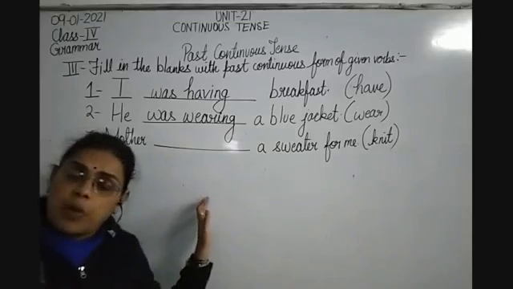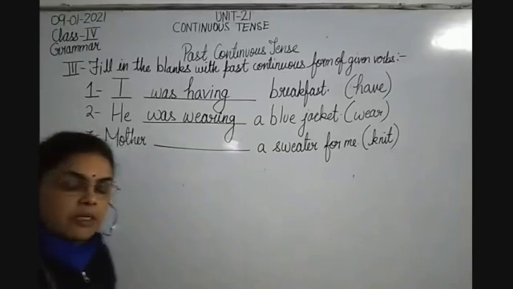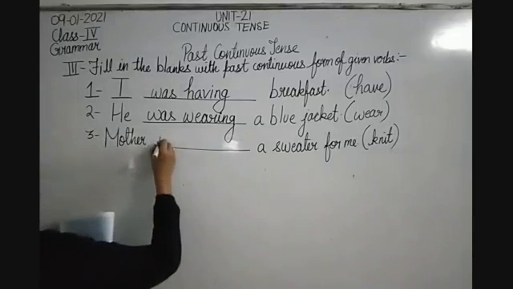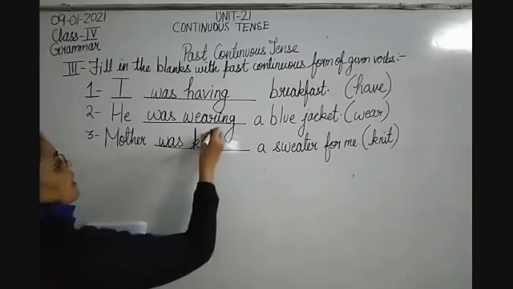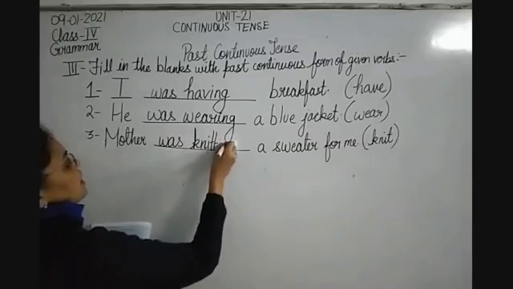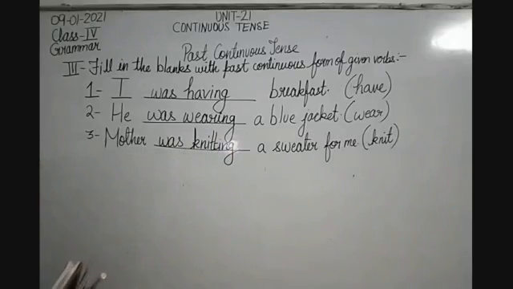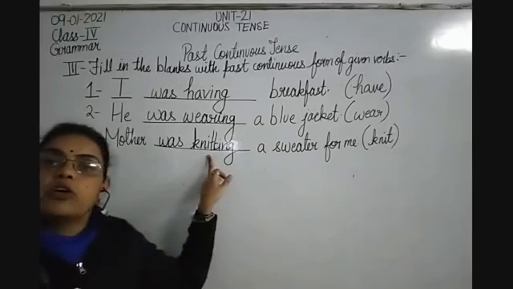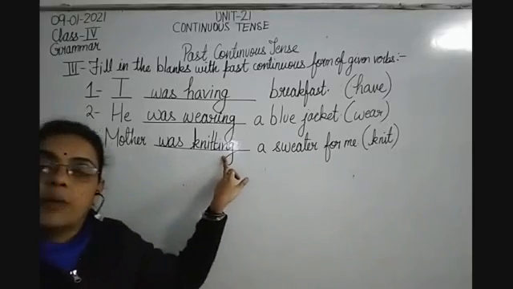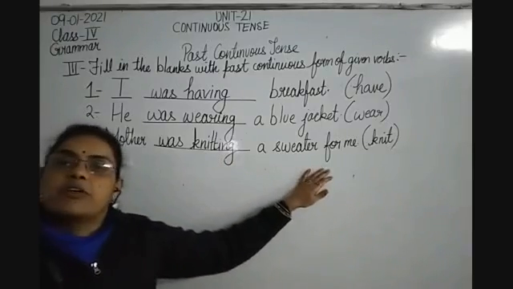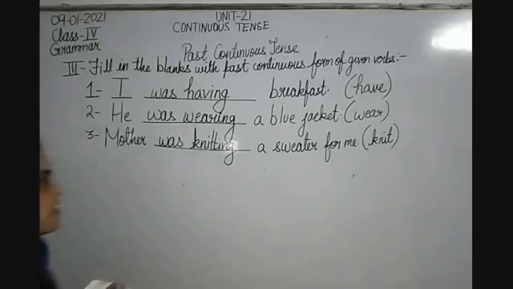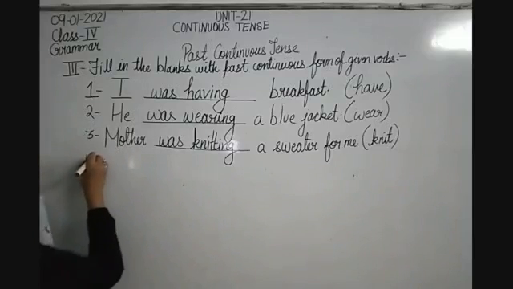That means हम कौन सा helping verb use करेंगे बेटा? Was. Past continuous tense में was. अब knit है, इसमें last में double t लगा के ing. Single t है, so we add one more t, double t हो जाएगा, K-N-I-T-T, knitting. Mother was knitting a sweater for me. Fine.